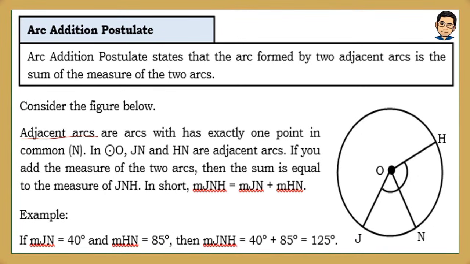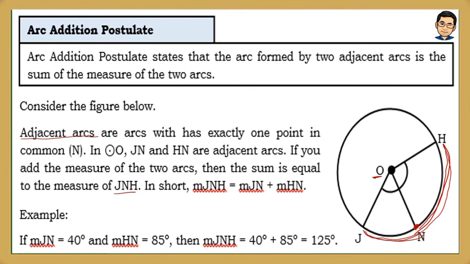For example, the adjacent arcs here are JN and HN. Their common point is point N. This is our circle O. If you add the measures of the two arcs, then the sum is equal to the measure of arc JNH. So, when we add the measure of JN and the measure of HN, we get the measure of JNH, the whole.